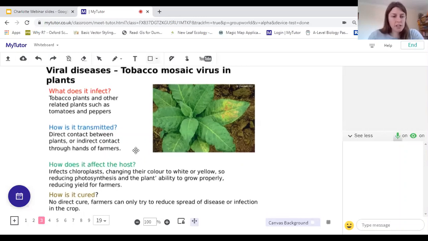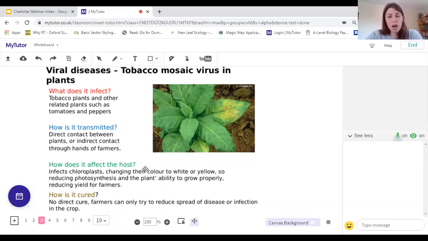How does it affect its host? Well, you can see here, it affects the chloroplasts of the plant. If you were in our plant organisation session, then we talked about how chloroplasts are where photosynthesis takes place in the plant. And tobacco mosaic virus targets that area of the plant.